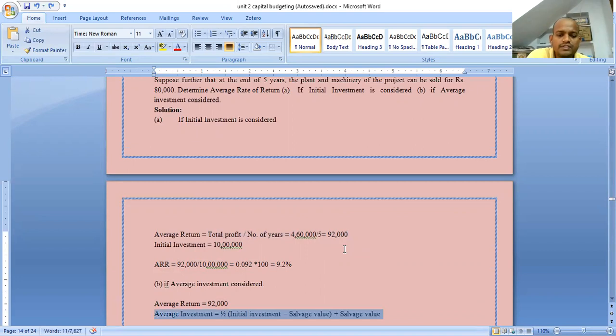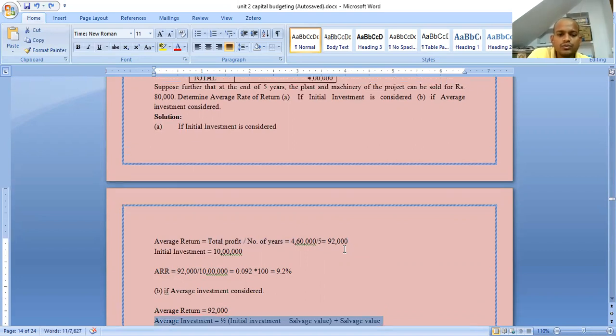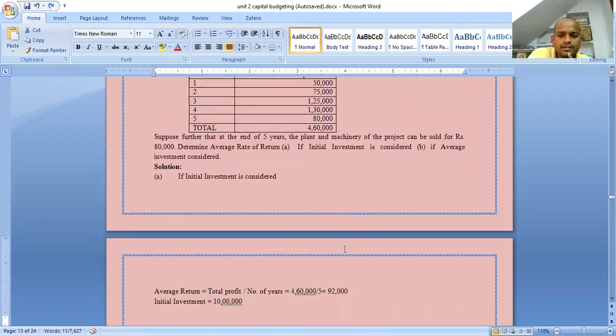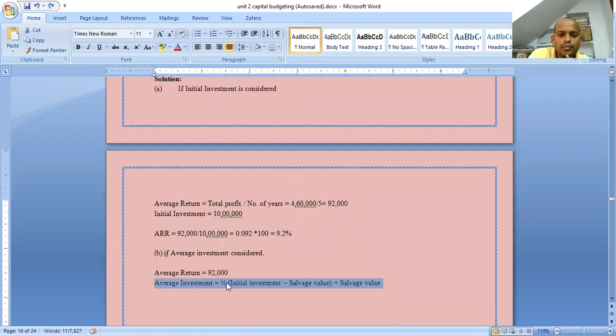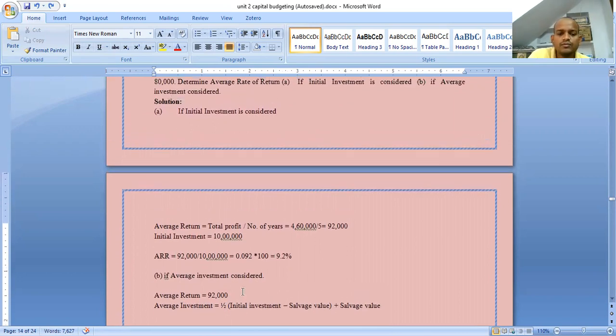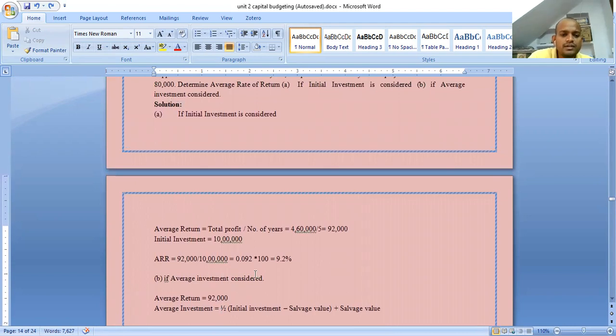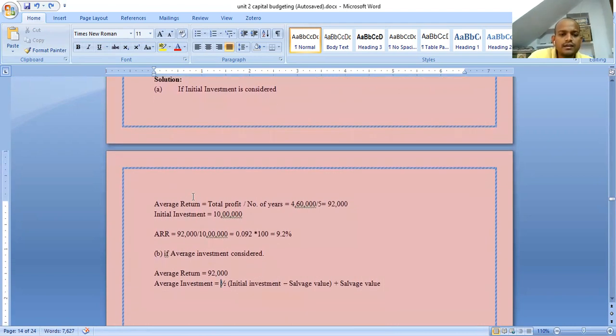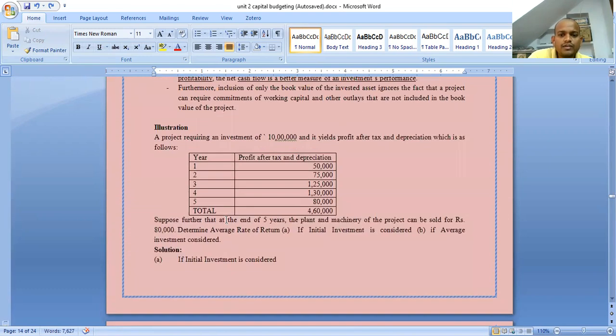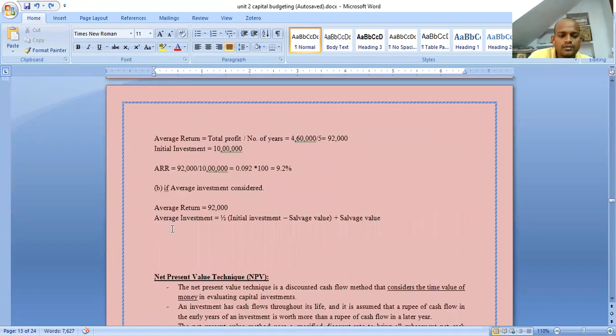And for average investment, with the given particulars, the appropriate formula is half of the initial investment minus salvage value, plus salvage value. Initial investment is 10 lakhs and salvage value is 80,000.